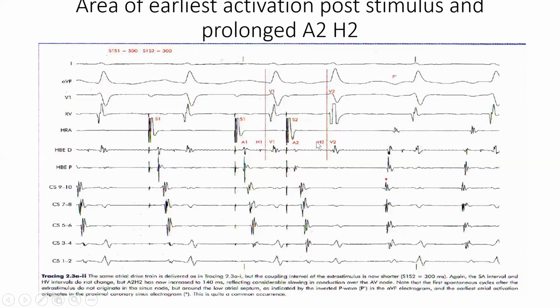Good. So I want you to now look when the sinus beat returned. They didn't pace for me, they stopped at the S2, right? The sinus beat returned. I want you to have a look at all this, where my arrow is, and tell me, is there something unusual?